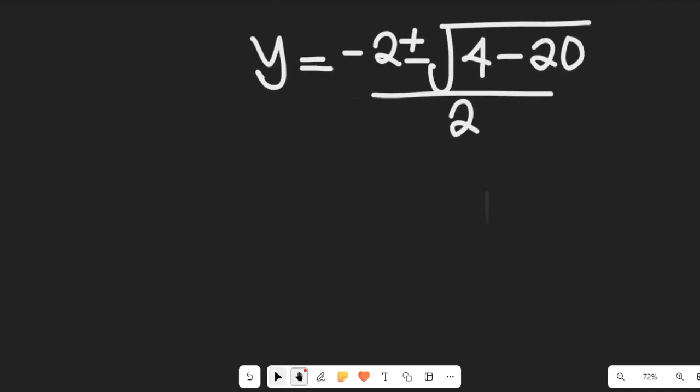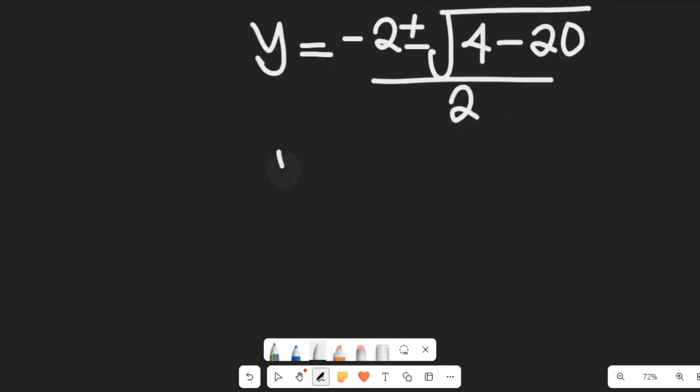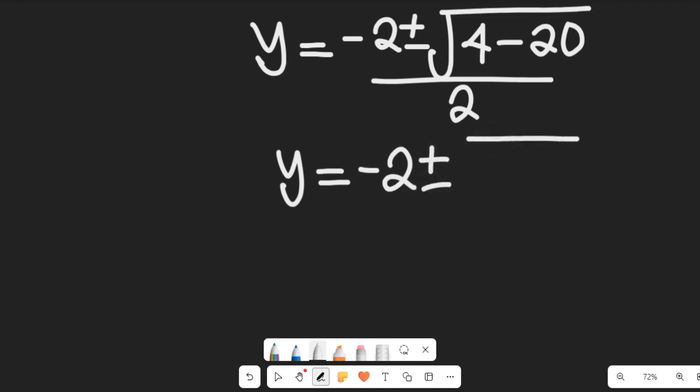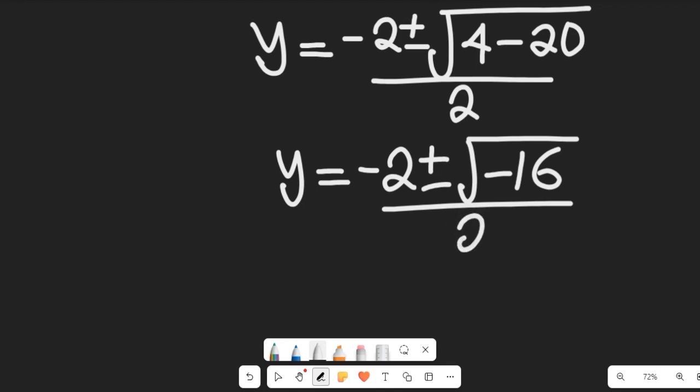To simplify that further, y is equal to negative 2 plus or minus the square root of 4 minus 20, which gives negative 16, and this will be divided by 2.